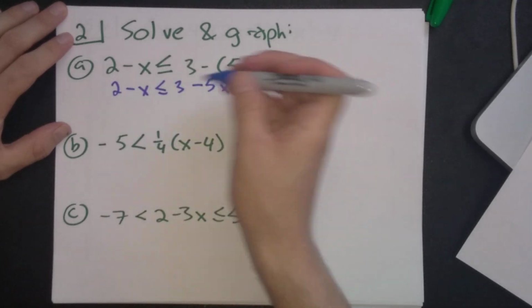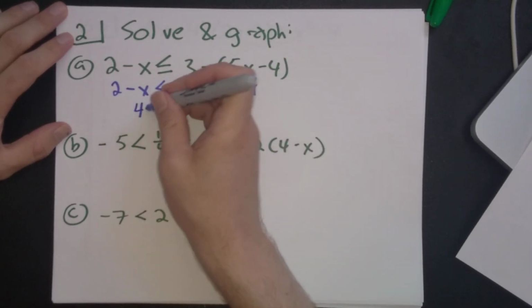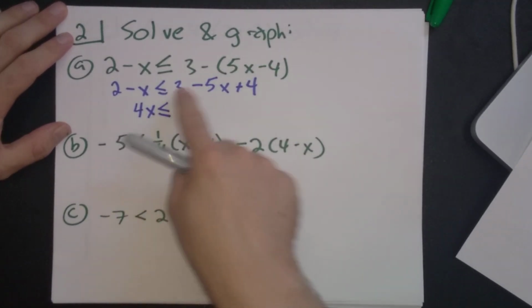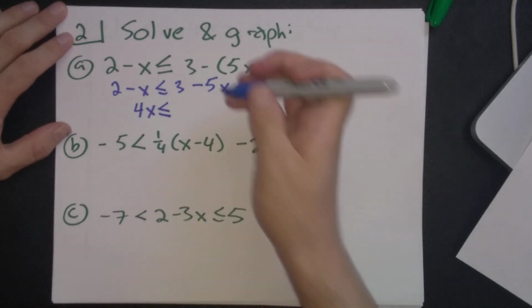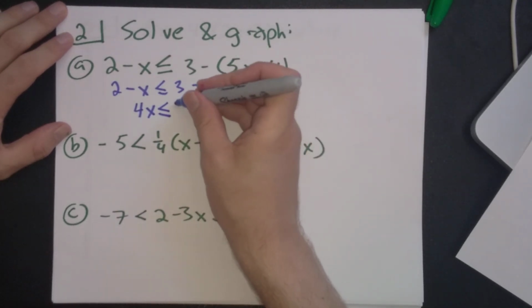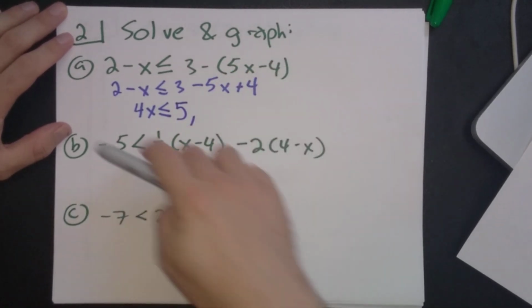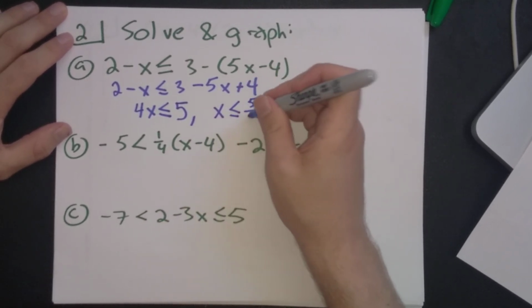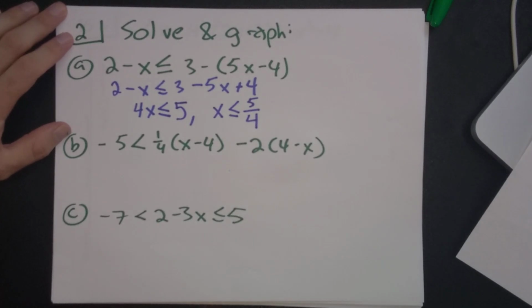Adding 5x to both sides gives me 4x is less than or equal to 3 plus 4 minus 2. 7 minus 2 is 5. And dividing both sides by 4 gives us x is less than or equal to 5/4.